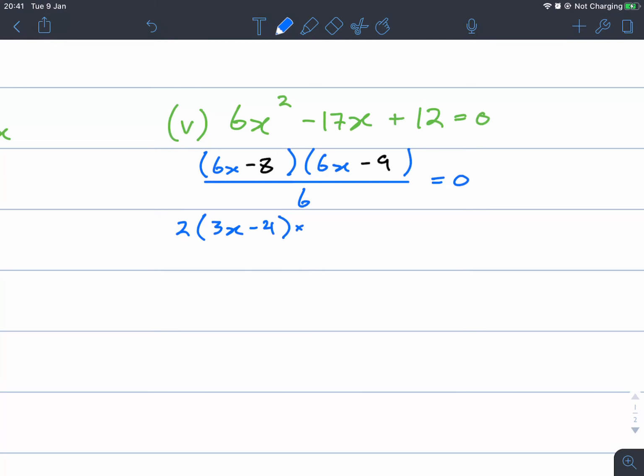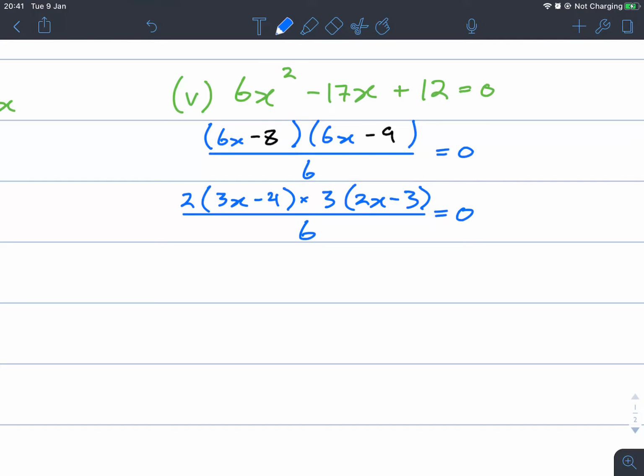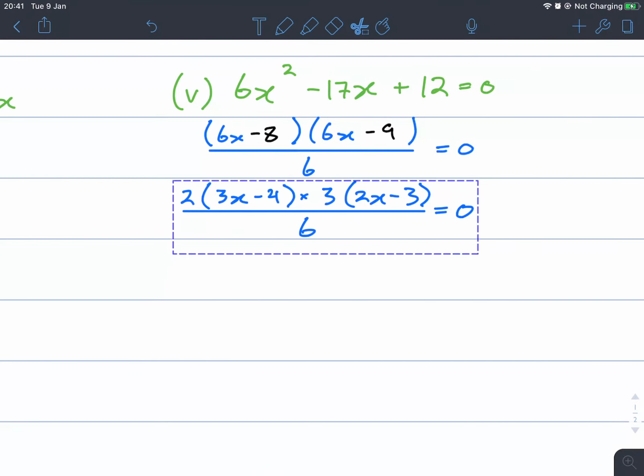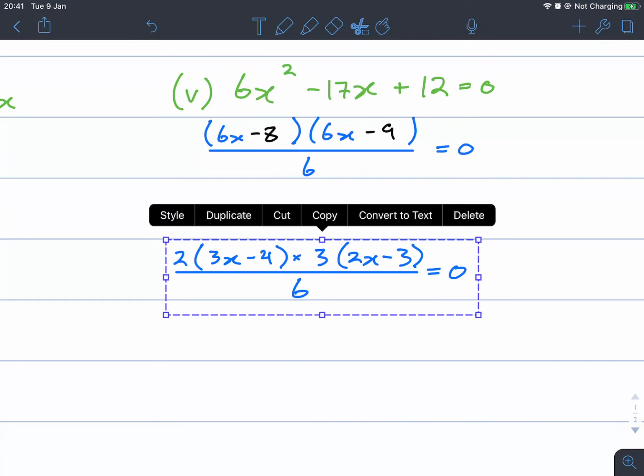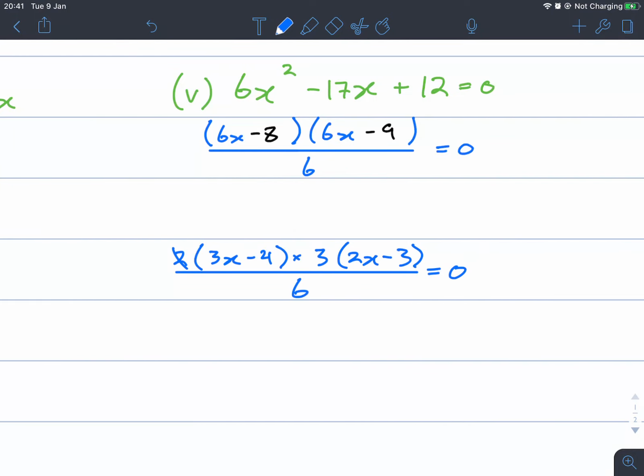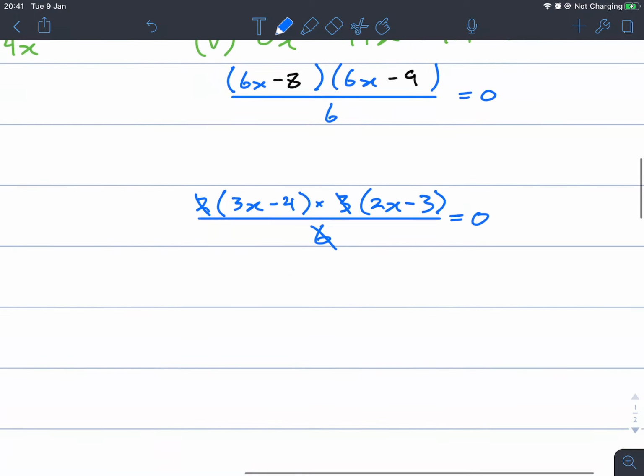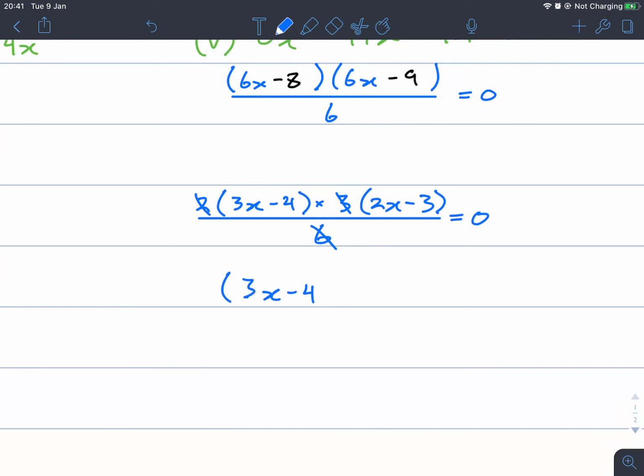This is times 3 outside 2x minus 3, all over 6 equals 0. These are all factors on this left hand side. I'm just going to make this a little bit neater. So the 2 times 3 makes 6, dividing by 6. This leaves us with 3x minus 4 and 2x minus 3 equals 0.